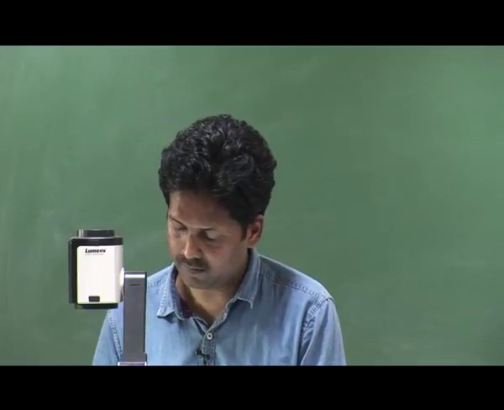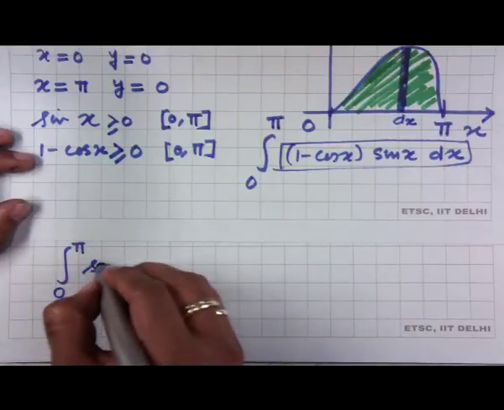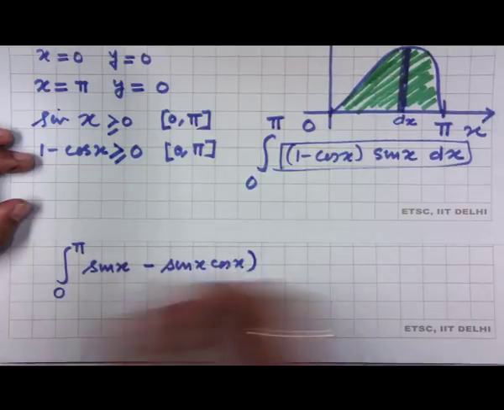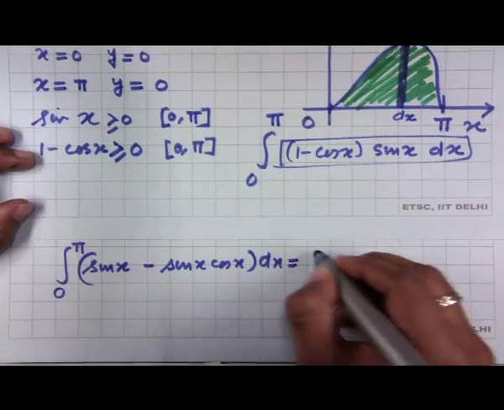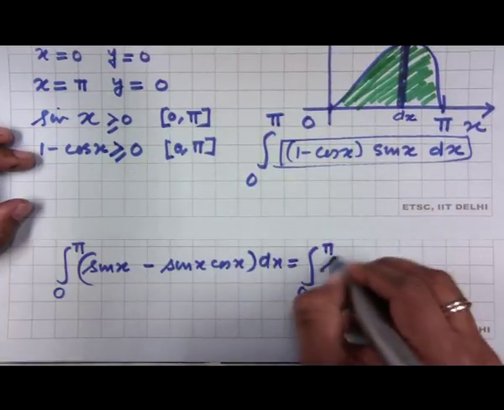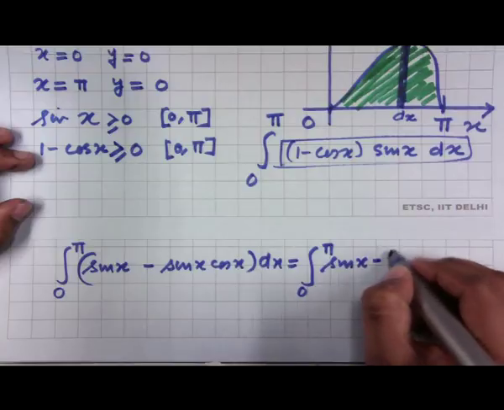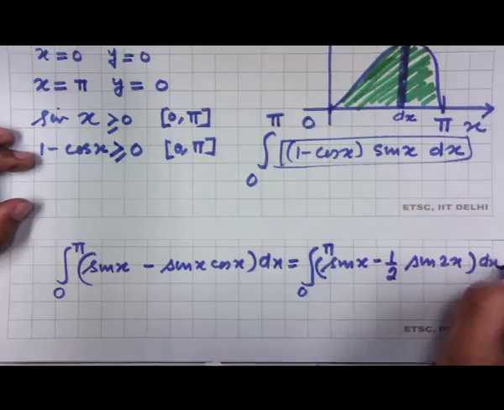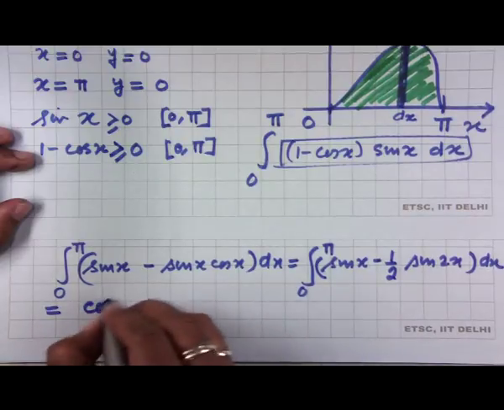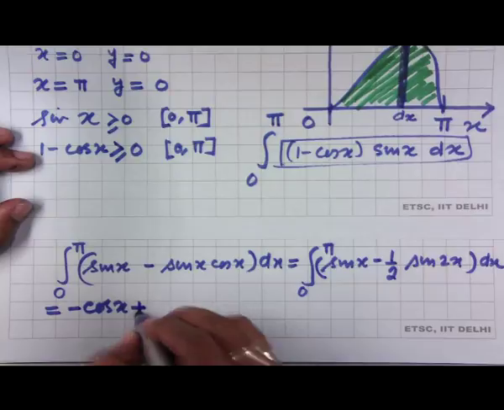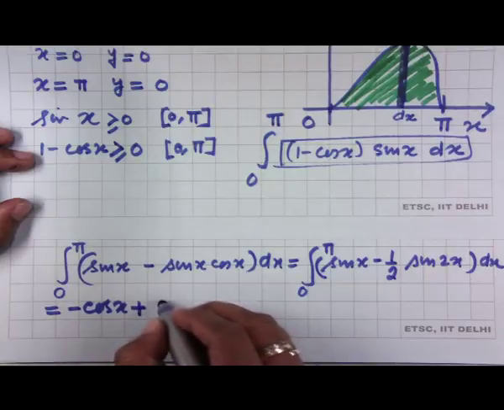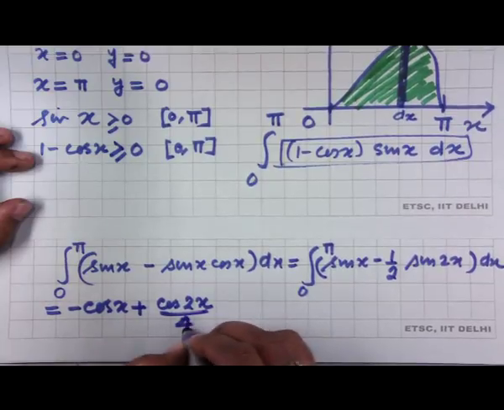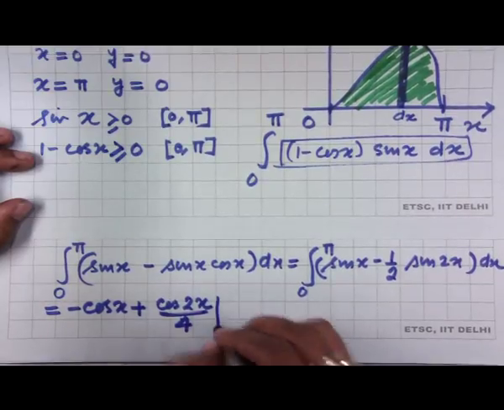Let us evaluate it. The integral from 0 to pi of sin x minus sin x cos x dx, which you can write as the integral from 0 to pi of sin x minus 1 by 2 sin 2x dx, which is minus cos x plus cos 2x by 4, from 0 to pi.